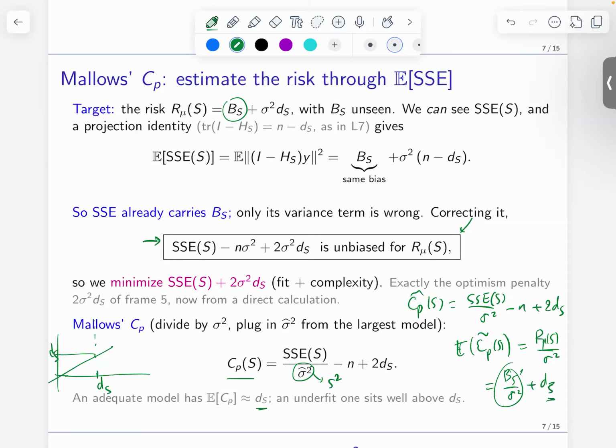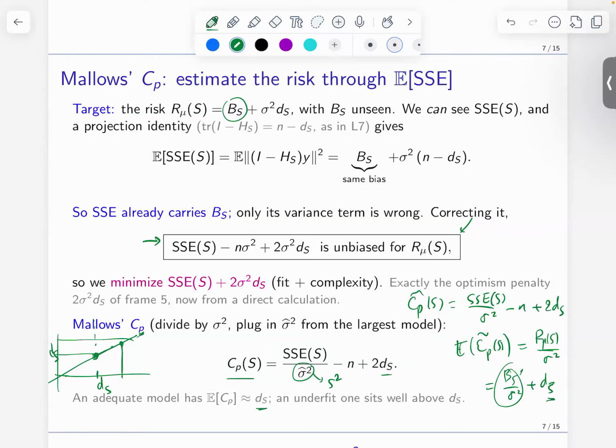If it's above this line, it's not adequate. As ds increases, the line increases. The one that minimizes it would be the first model that's adequate enough and also close to the line.